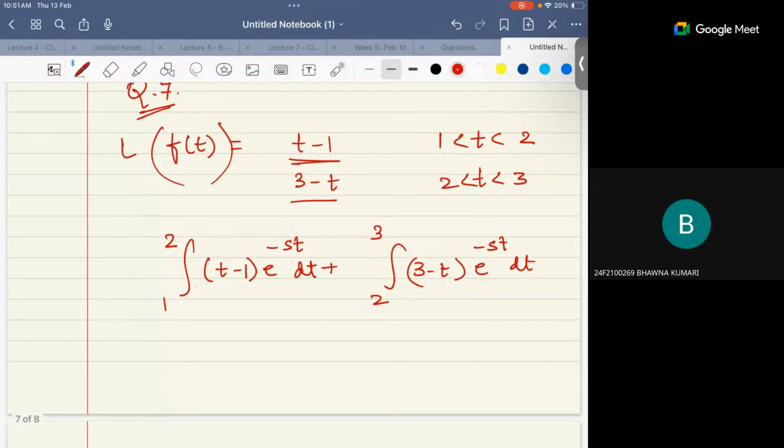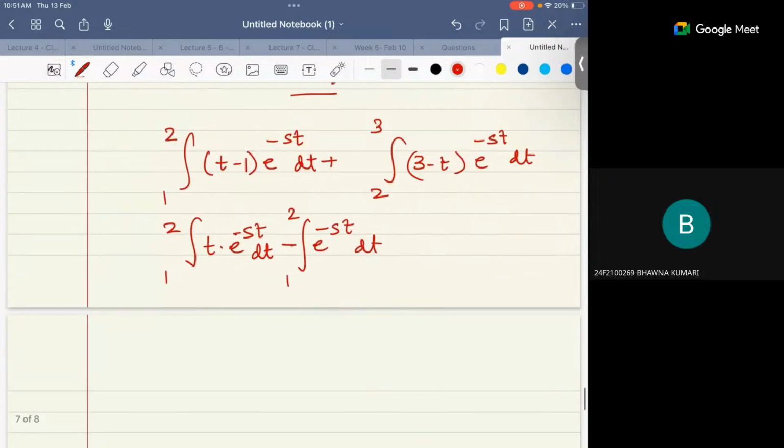So we'll have a problem with the t times e to the power minus st from 1 to 2. Other than that, the other part is simple: e to the power minus st integrated from 1 to 2 dt. This is simple. Plus 3 times e to the power minus st from 2 to 3, minus t times e to the power minus st from 2 to 3 dt.